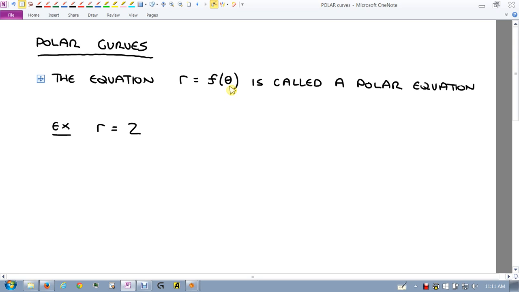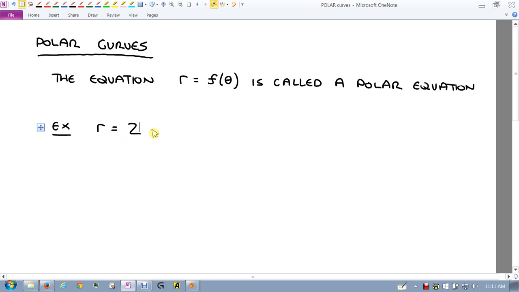So every distance I walk out depends on the angle that I've rotated. That means the radius, the distance I walk out, is a function of the angle theta. Any curve that's drawn that way is called a polar curve. This is a very simple example of one. The radius I walk out is 2.